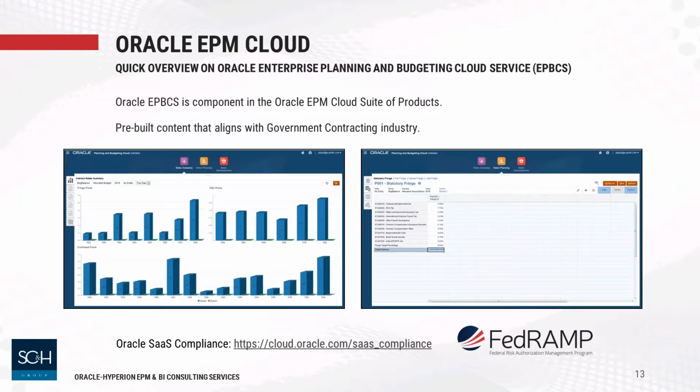It's pre-built to include components such as financial planning, including P&L planning, balance sheet, and cash flow, with the ability to drill into some of your financials by projects and also by employee. There is a lot of pre-built content that aligns extremely well with the government contracting industry, and I'll be illustrating some of those components in a few minutes.